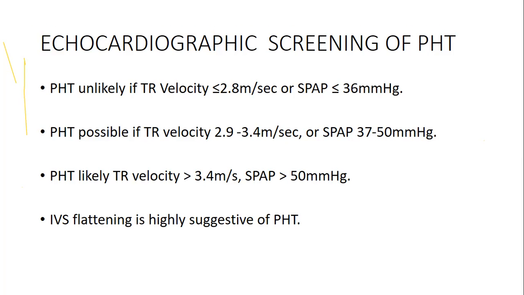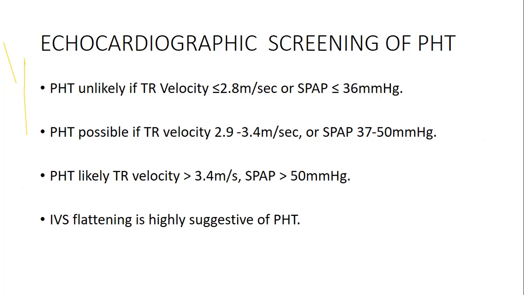Pulmonary hypertension, abbreviated as PHT, is also possible if TR velocity is 2.9. And then PHT is likely if the tricuspid regurgitation velocity is more than 3.4 meters per second, with systolic pulmonary arterial pressure of more than 50. And if you have an IVS flattening, that is suggestive of PHT.